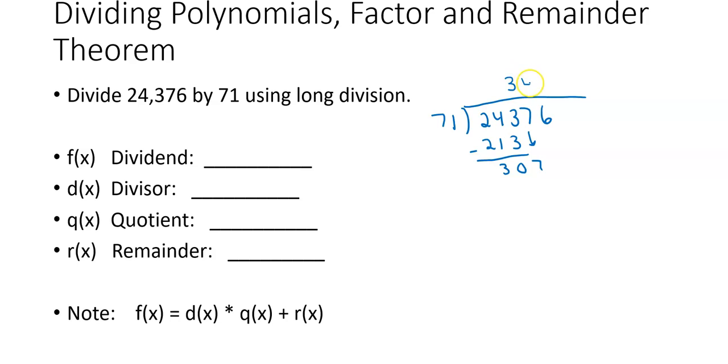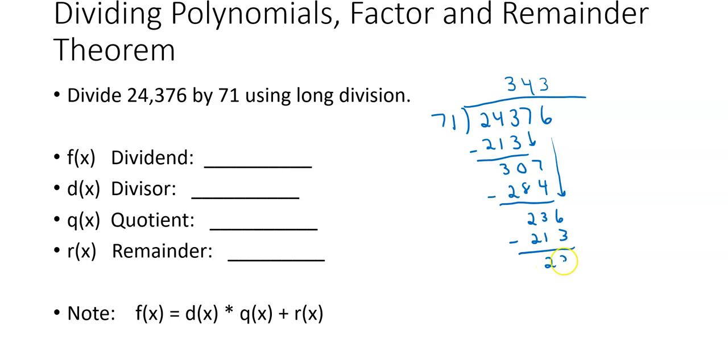I'm going to guess 4. 4 times 1 is 4. 4 times 7 is 28. I'm going to subtract. 7 minus 4 is 3. 2 minus... 23. Carry down the 6. Let's go with 3. 3 times 1 is 3. 3 times 7 is 21. And I subtract.